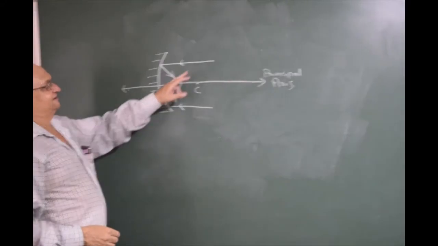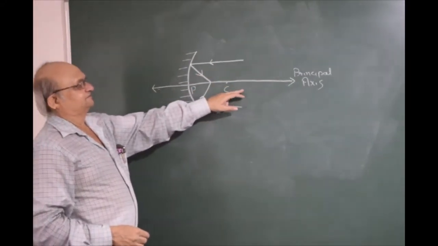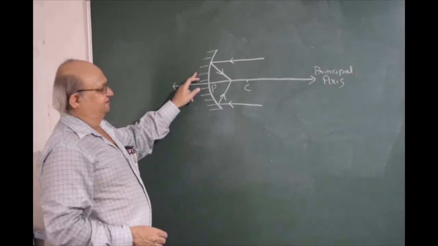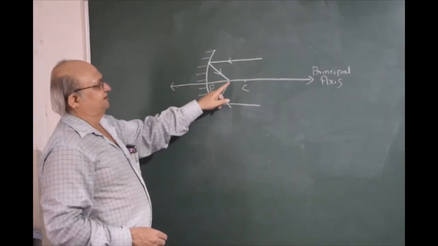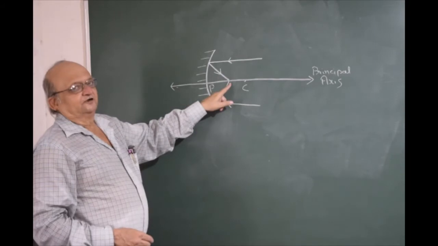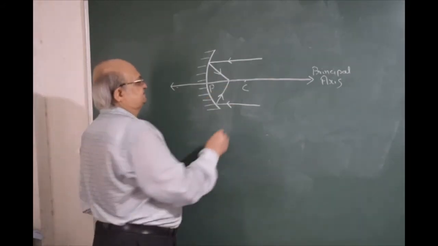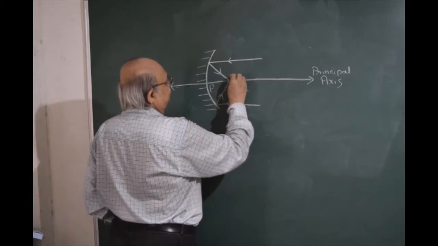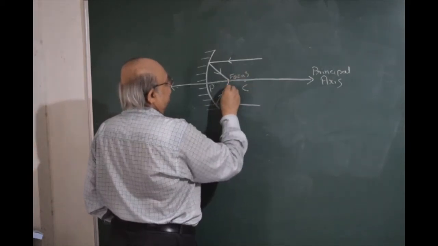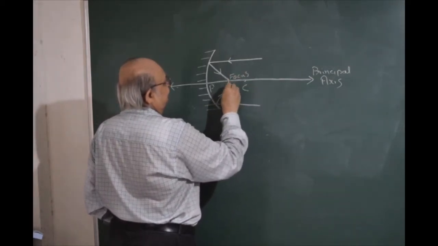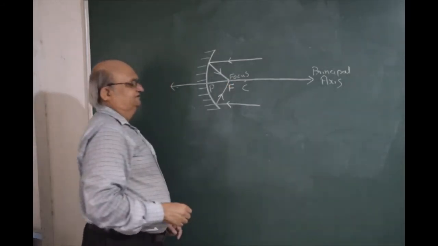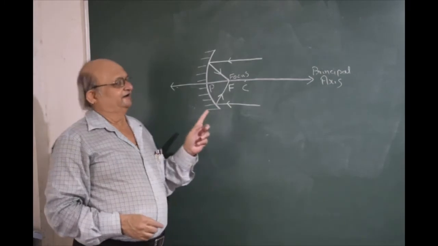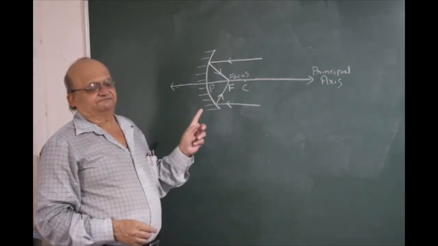When rays parallel to the principal axis are incident on a concave mirror, they converge and meet at a point on the principal axis. This point is called the principal focus and is denoted by capital F.